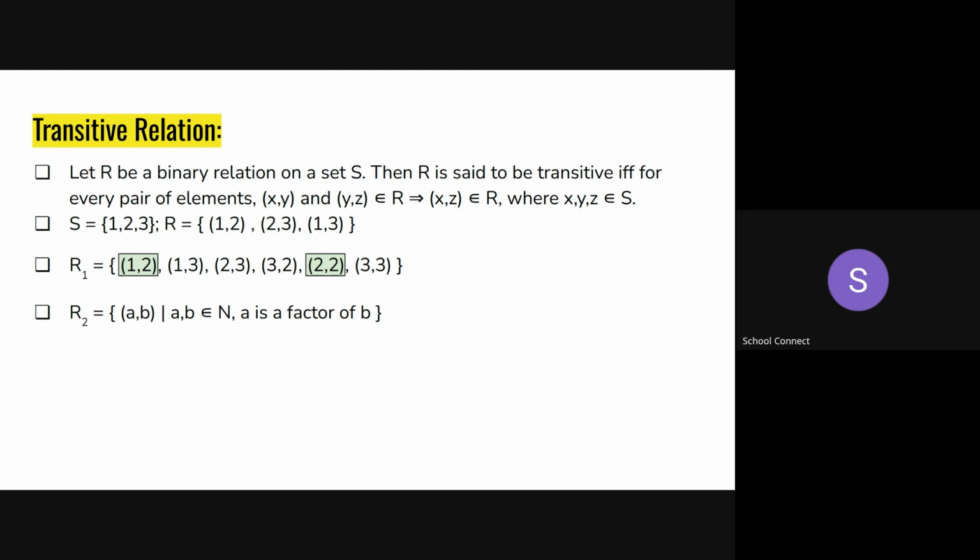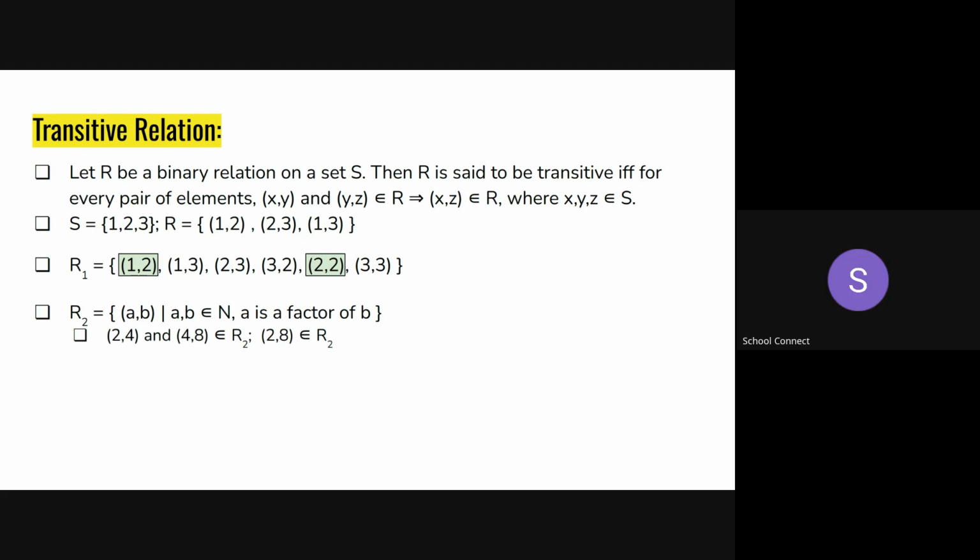Now if x is a factor of y and y is a factor of z, will it imply that x is a factor of z? Yes. So what does it imply? X comma z will also be in R2. If x comma y and y comma z are in R2, will it imply that x comma z will also be in the relation? It should imply. If it implies, will this be a transitive relation? Yes, it will be.